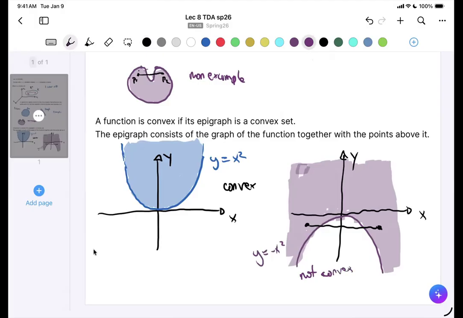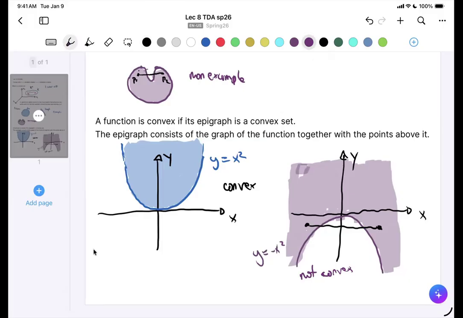Is that making sense? In fact, the functions that are called convex in Calc 1 were the ones that you would have called concave up, if the function is differentiable, with some extra assumptions so that you can take second derivatives and all these other things.